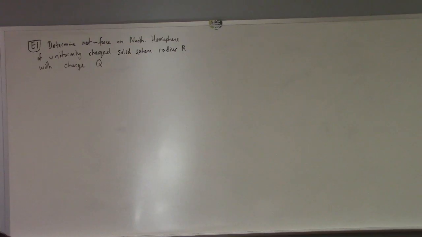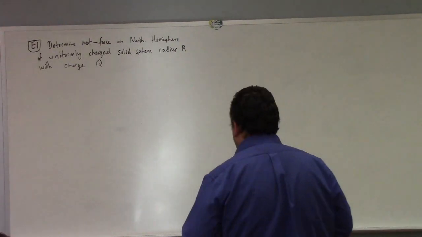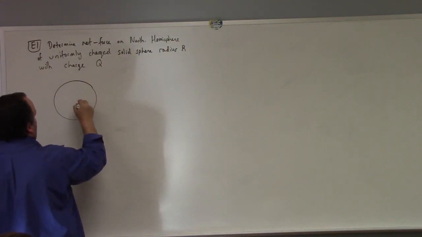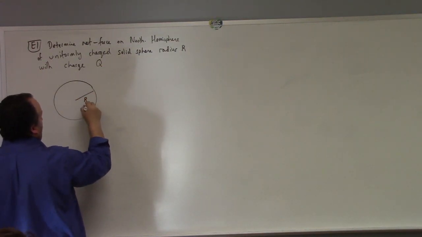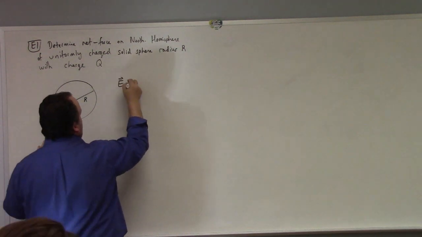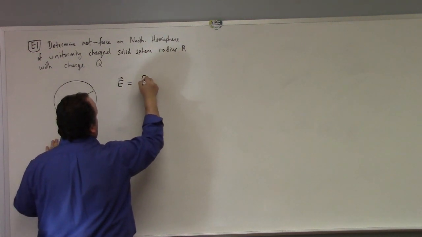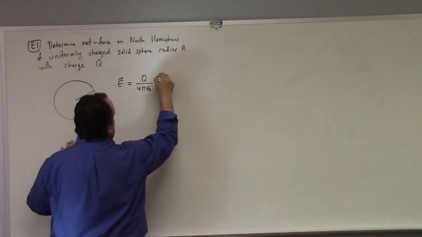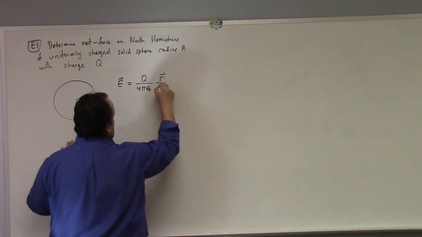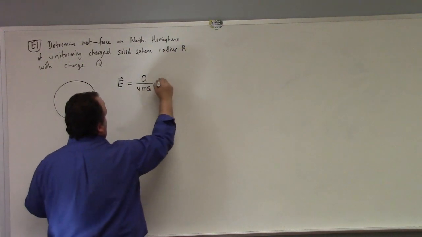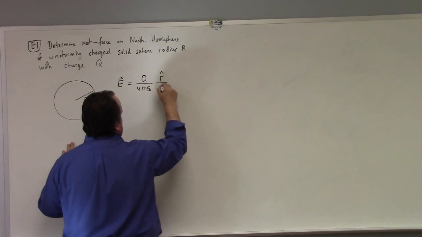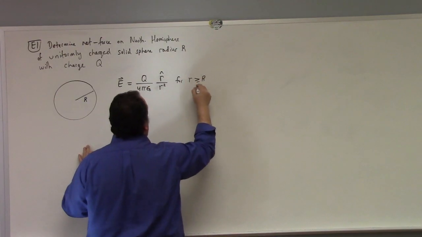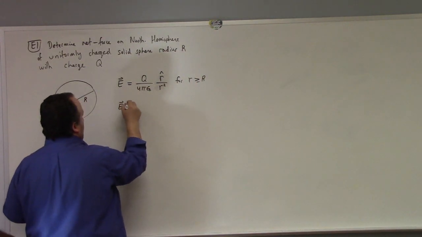So the story here is that the electric field is equal to Q over 4 pi epsilon naught, r vector over r cubed, or if you like, r hat over r squared, for r greater than or equal to R. And what's the electric field inside?